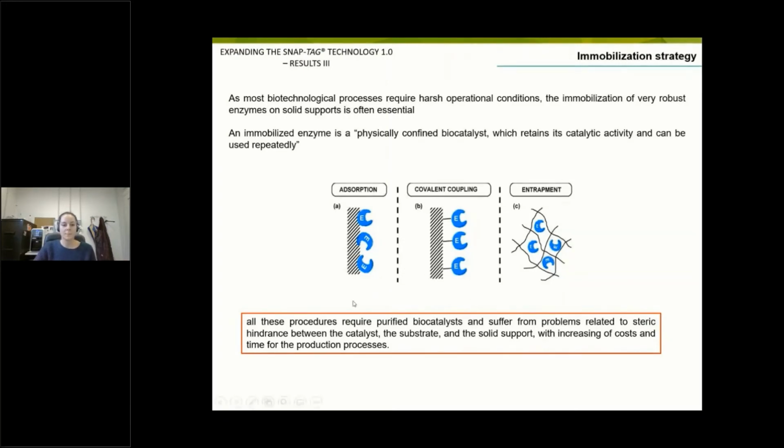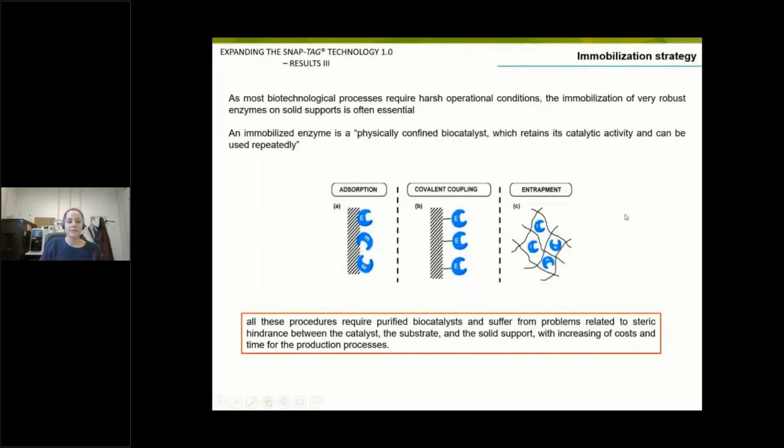But this immobilization strategy requires purification of the enzyme, and the immobilization procedures themselves could affect the activity of the immobilized enzyme. And here are illustrated some of the most used strategies.